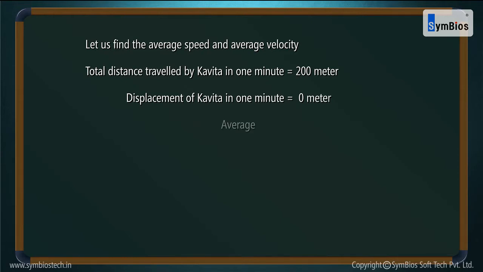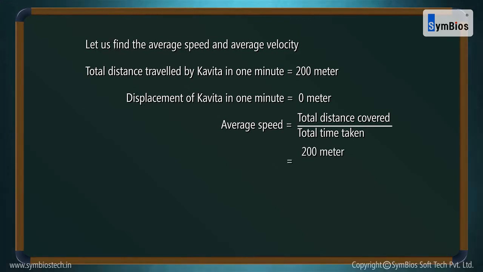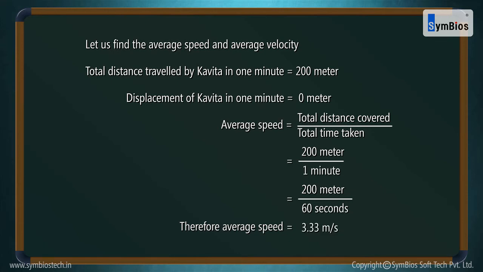Average speed is equal to total distance covered by total time taken, which is equal to 200 meters per 1 minute, which is equal to 200 meters by 60 seconds, which is equal to 3.33 meters per second.